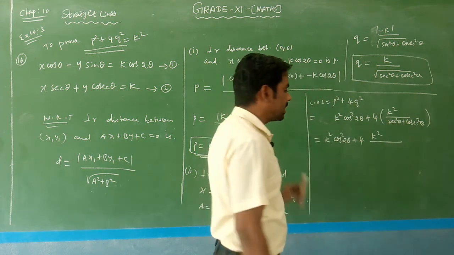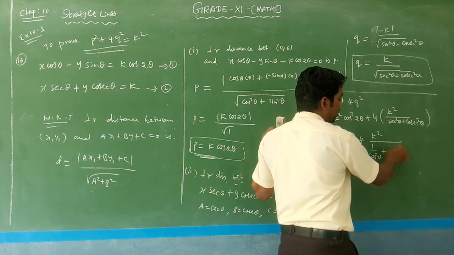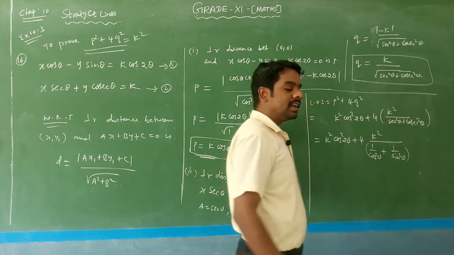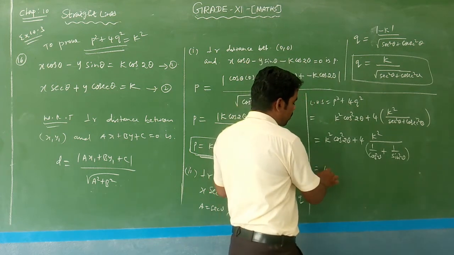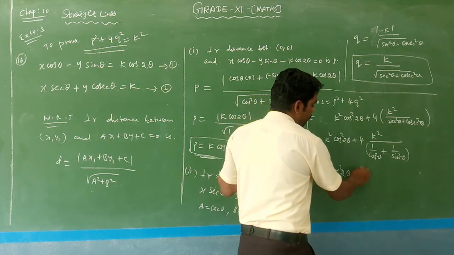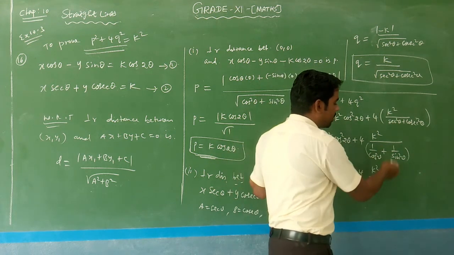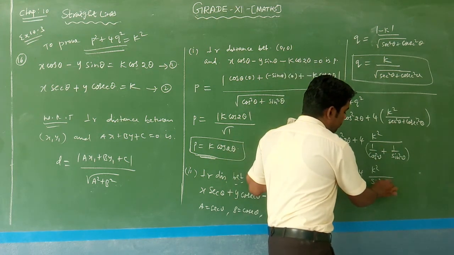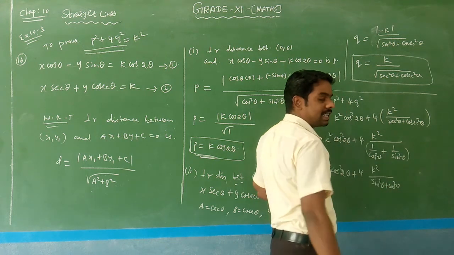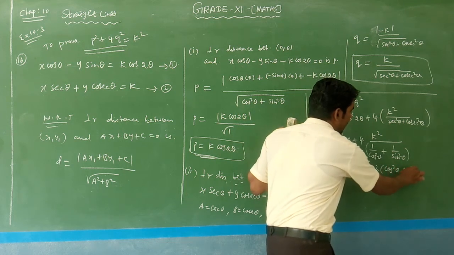You know secant square theta is 1 by cos square theta, and cosecant square theta is 1 by sin square theta. Simplify this: k squared cos squared 2 theta plus 4 into k squared, cross multiplying, sin square theta plus cos square theta whole divided by cos square theta into sin square theta.